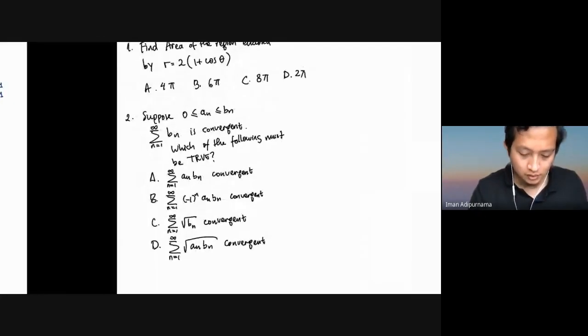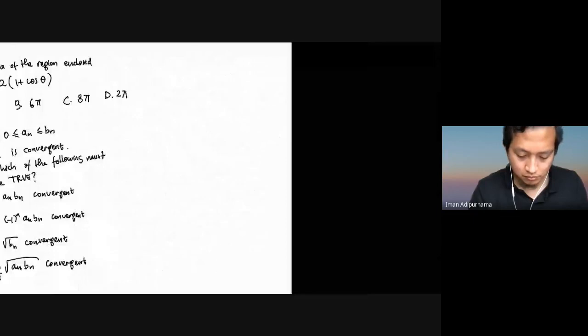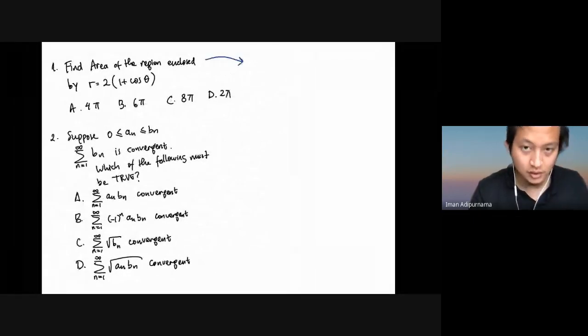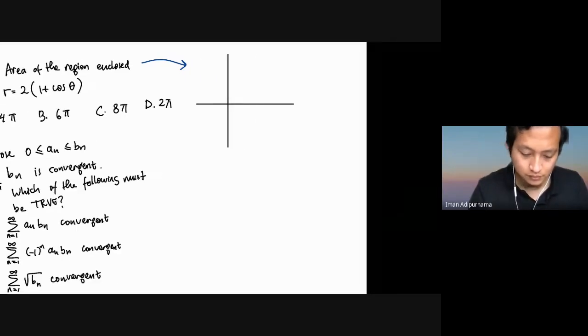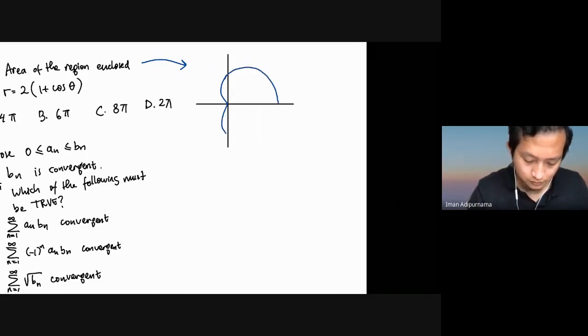Okay, let me give you some calculations. For number 1, if you want to draw this, you can draw the cardioid. So this will be the cardioid. This should be 4. This should be 2.